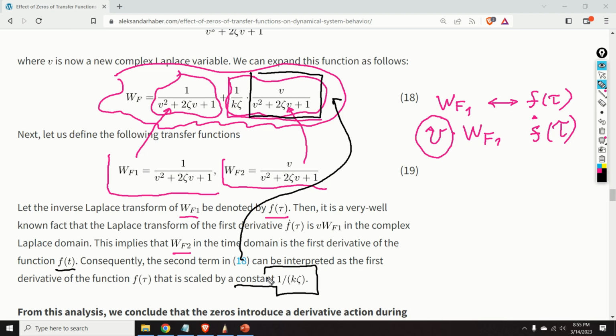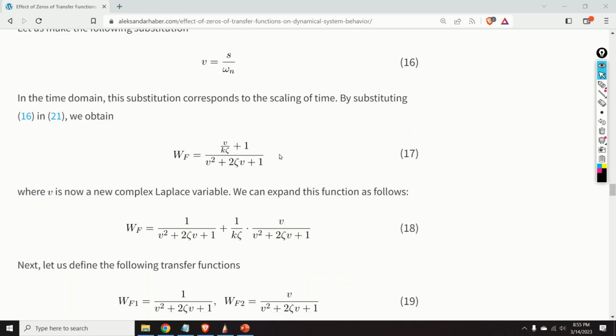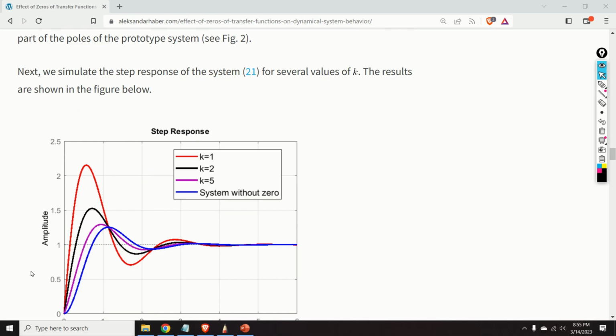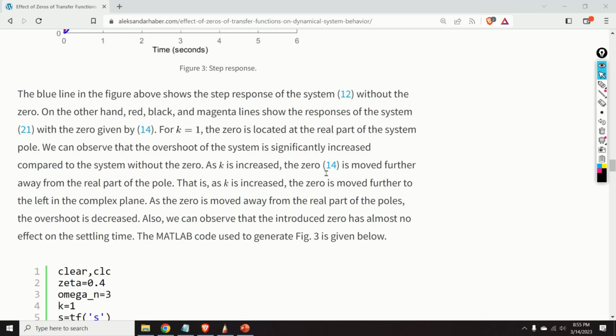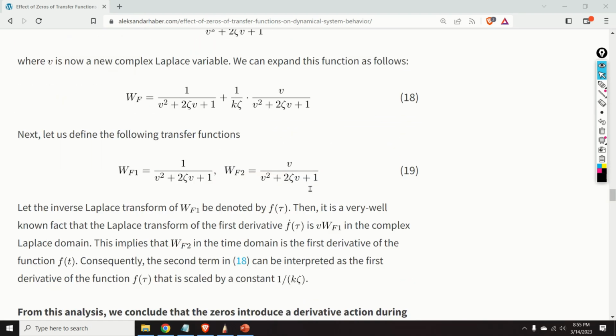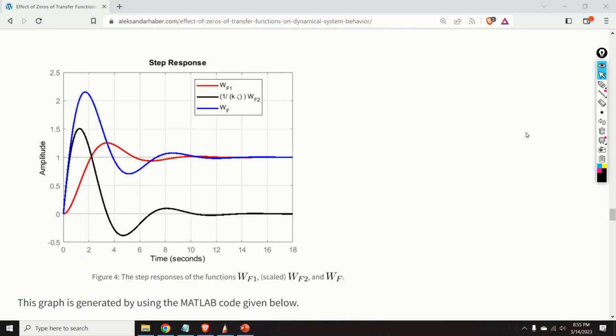And this explains the fact that we have a significant overshoot. Because initially, when the response starts to increase, the derivative is significant. And this adds additional value to our transient response. And you can clearly see this phenomenon over here.